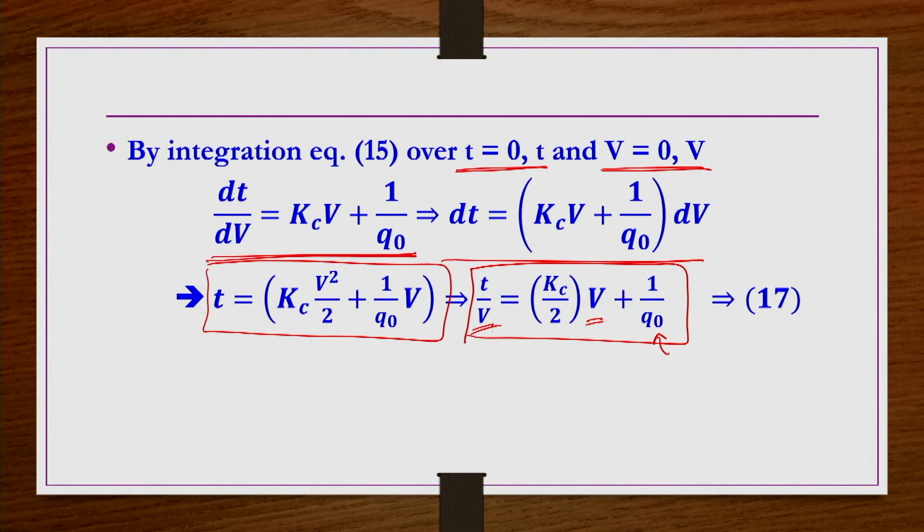So from the slope you get Kc, and from Kc you get the alpha value, the cake resistance. From the intercept you get 1/q0, and from 1/q0 you can get Rm, the filter medium resistance.